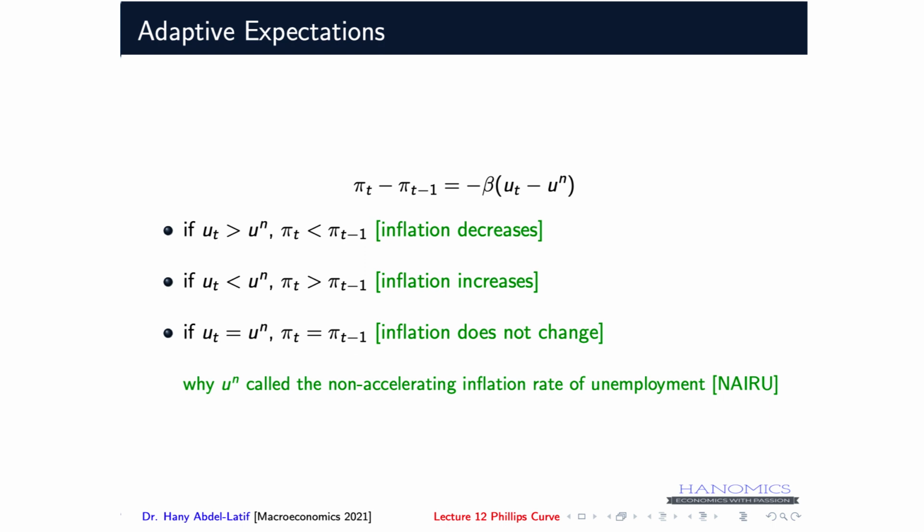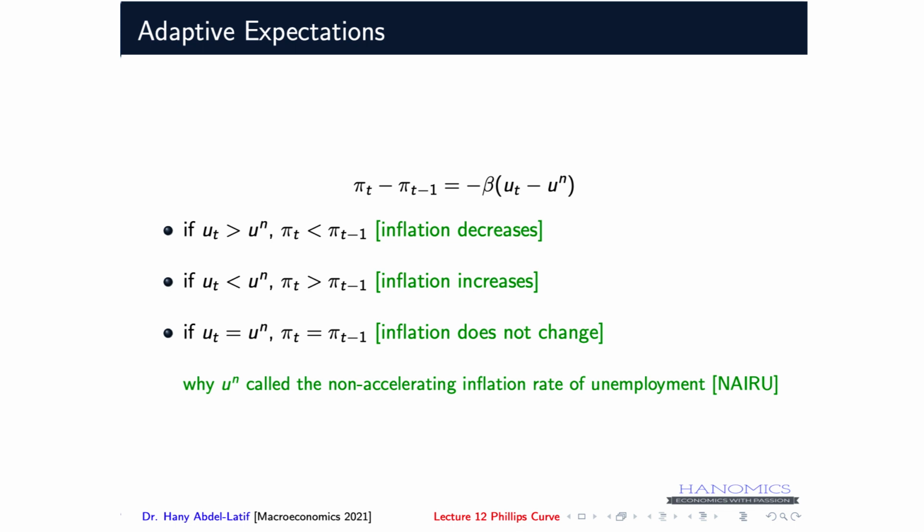If the unemployment rate in time t was less than the natural rate of unemployment, meaning we have an inflationary gap, then the actual inflation rate will be higher than the inflation rate in time t minus 1, which means inflation is increasing.